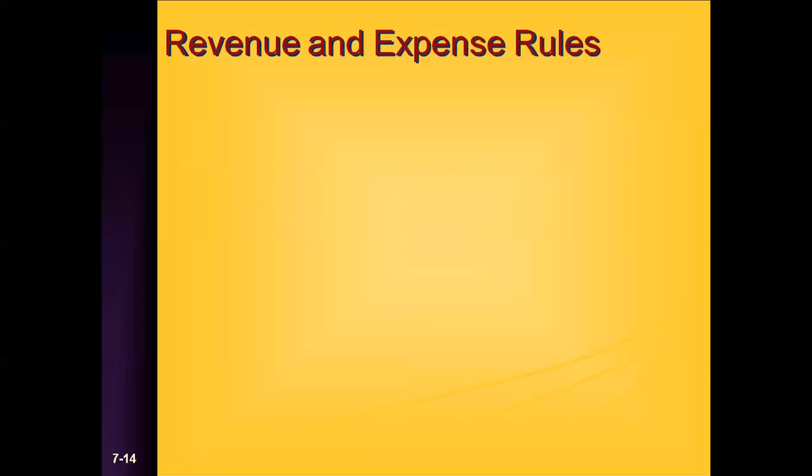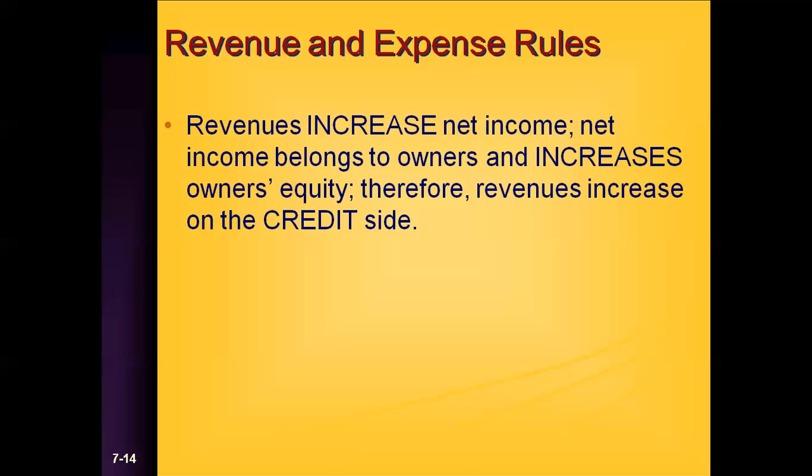Similarly, if you want to look at revenue and expense rules and how these are related to the particular accounts, and please get this in your notes, a revenue increase usually translates into net income.